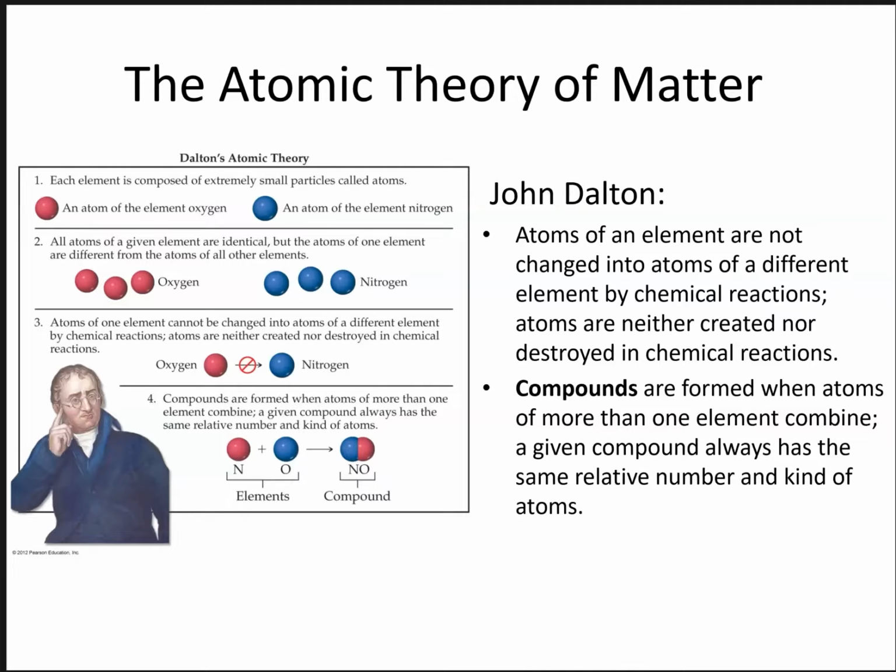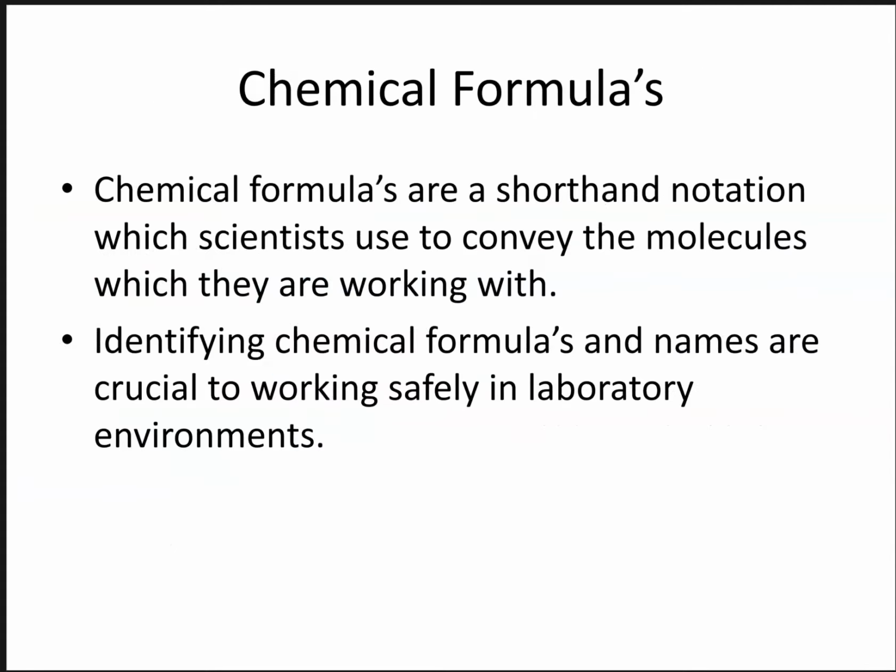Now, when we talk about molecules and compounds, we're talking about being able to write these materials using chemical formulas. And chemical formulas are just shorthand notations which scientists use to convey what they're working with. And so we have to be careful when we're working in a chemistry lab to make sure what we think we're working with is really what we are working with, because there are subtle differences in the names of materials.